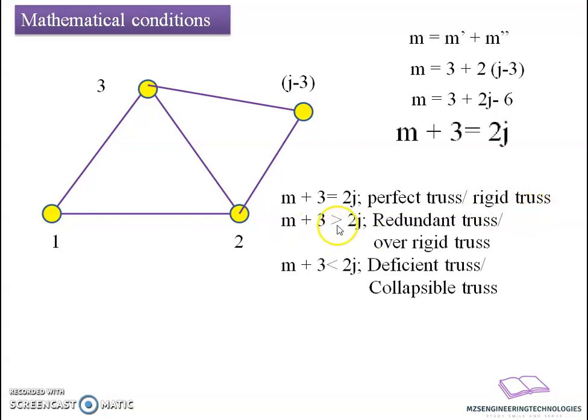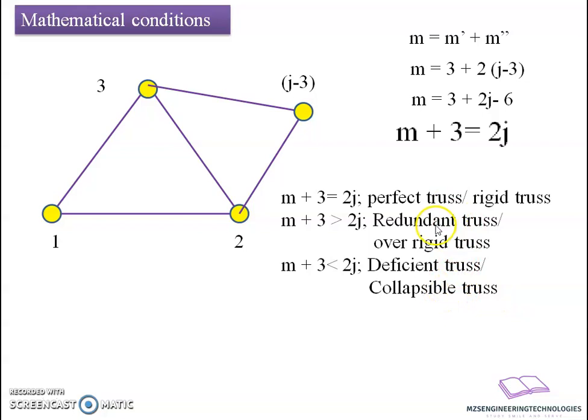If m plus 3 is greater than 2j, it means there is an excess of members in the geometry, and I am going to call it a redundant truss or over rigid truss, where I have to remove a member or one of the constraints. If m plus 3 is less than 2j, the number of members is less than what is required to define the truss, and I am going to call it a deficient truss or collapsible truss.